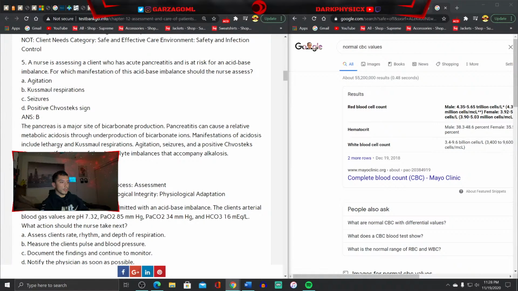Since they have metabolic acidosis, assess the client's rate and rhythm of respirations. No. Measure the client's pulse and blood pressure. Document findings and continue to monitor. Notify the physician as soon as possible. Shoot, why does this one seem so hard to me?